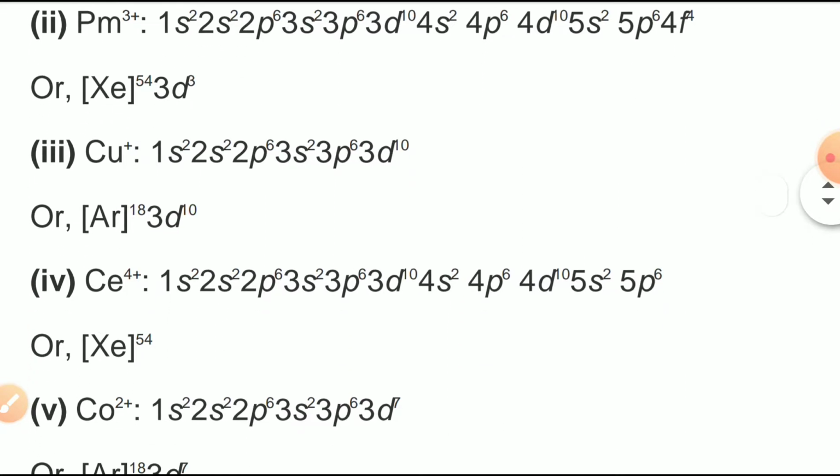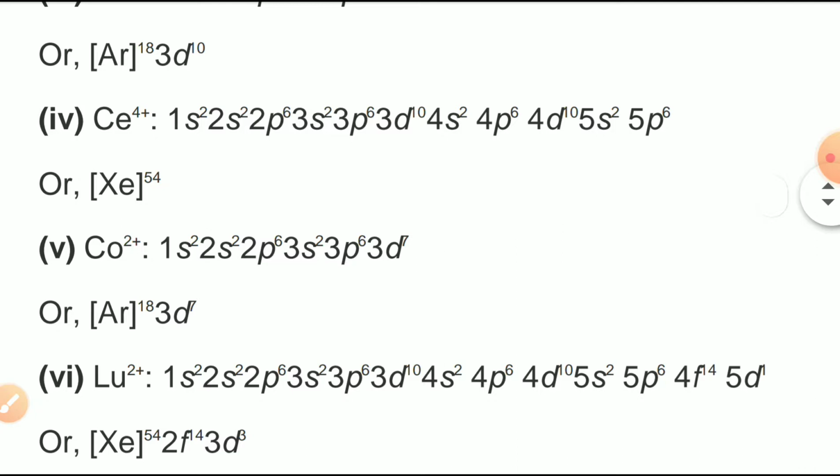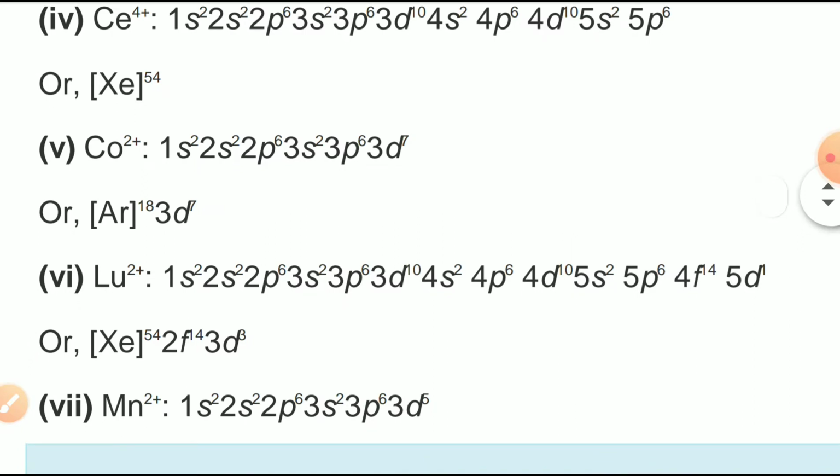Then the cerium 4+ is having the xenon electronic core. Then the cobalt 2+ is having argon electronic core 3d7. Then lutetium 2+ is having xenon electronic core and 4f14 5d1.